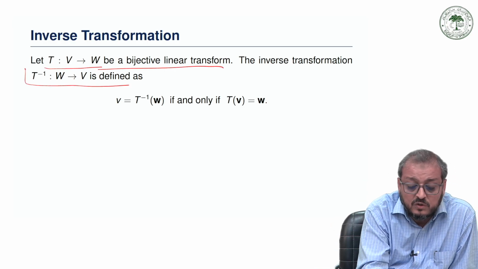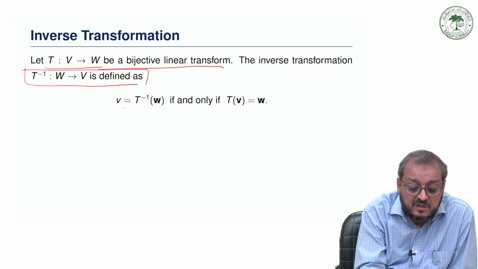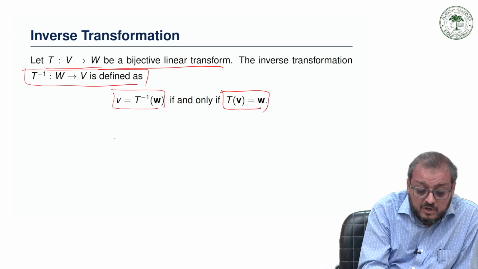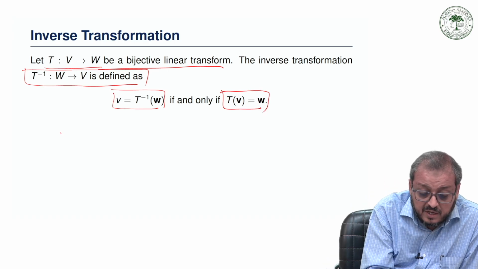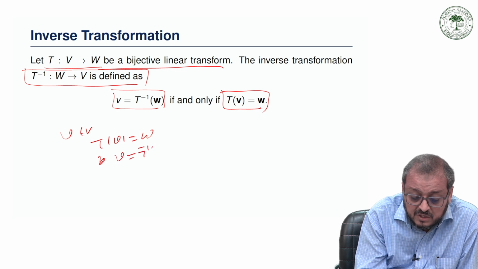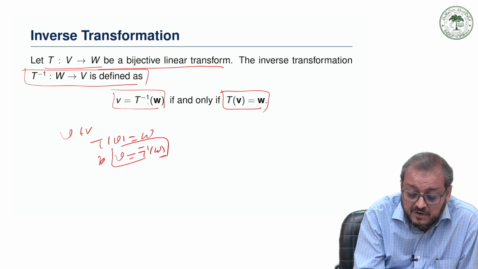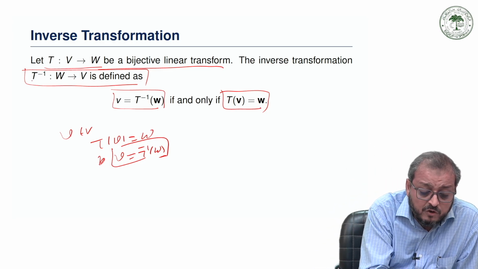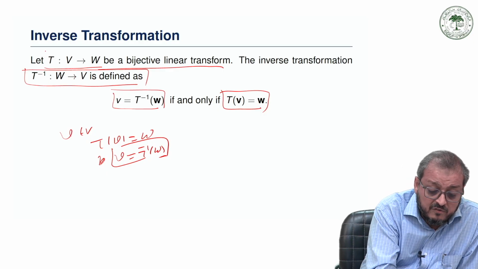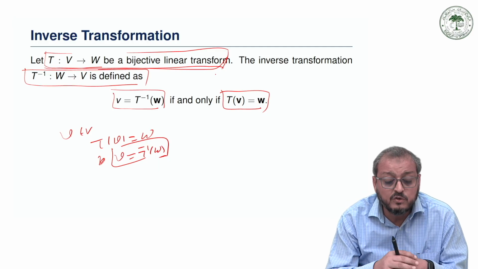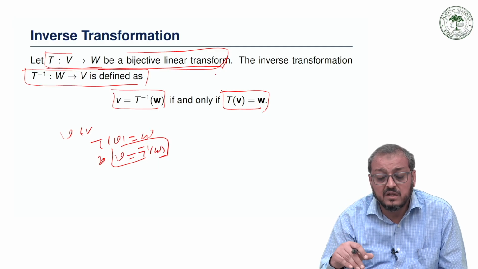The inverse of this is T inverse from W to V, defined by T inverse of W equals V if and only if T of V equals W. We take any V belonging to the space V. If T of V is W, then V is T inverse of W. So T of V equals W if and only if T inverse of W equals V. We can define the inverse of a linear transformation in this form, but the inverse is only applicable when the transformation T from V to W is bijective, that is, one-to-one and onto.